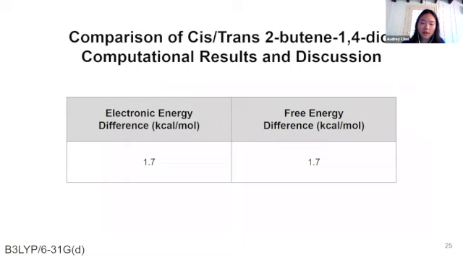And so the numbers are back to being similar to the first 2 molecules I explored, where the trans molecule had a lower energy compared to the cis molecule. And so I think I will be passing it on to Maggie.